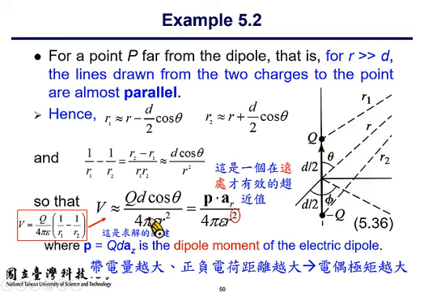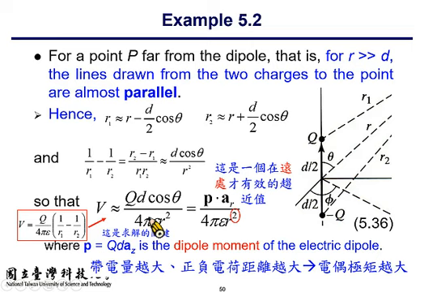Does a stand-alone electrical charge produce a stronger electrical field, or can an electrical dipole provide a stronger electrical field? Well, the answer is the former one. A stand-alone electrical charge, even though it has only the charge Q, can produce a larger electrical field intensity.